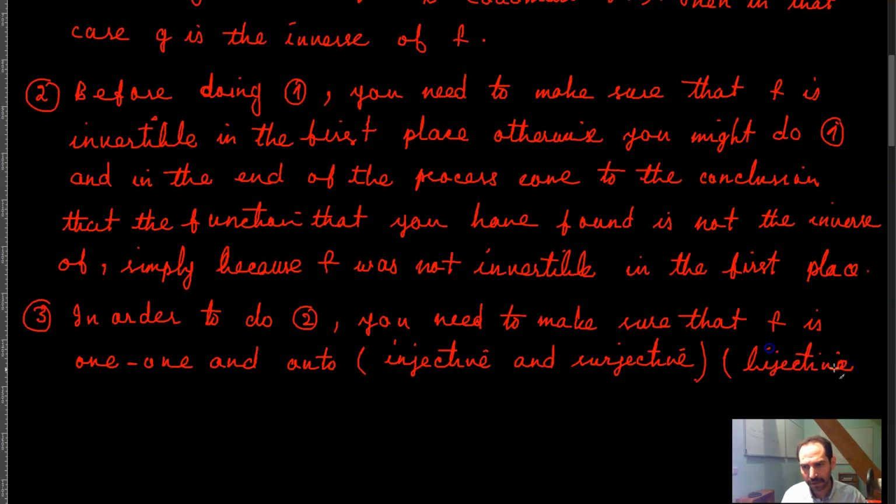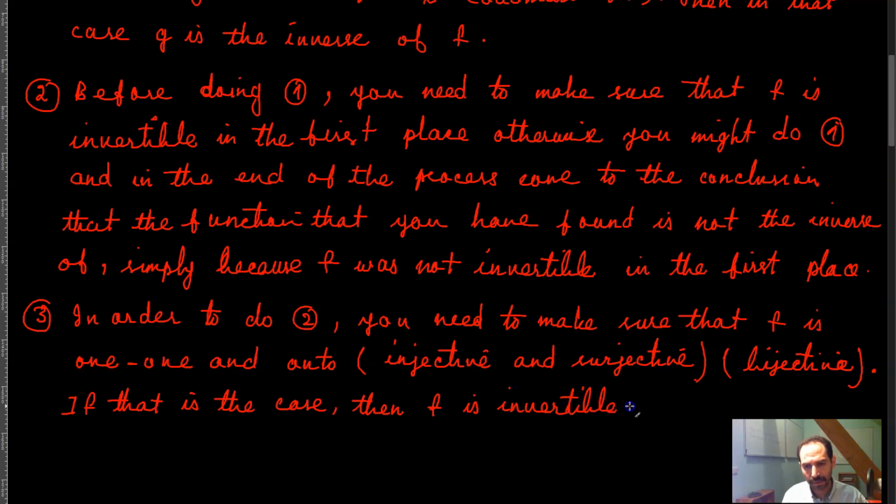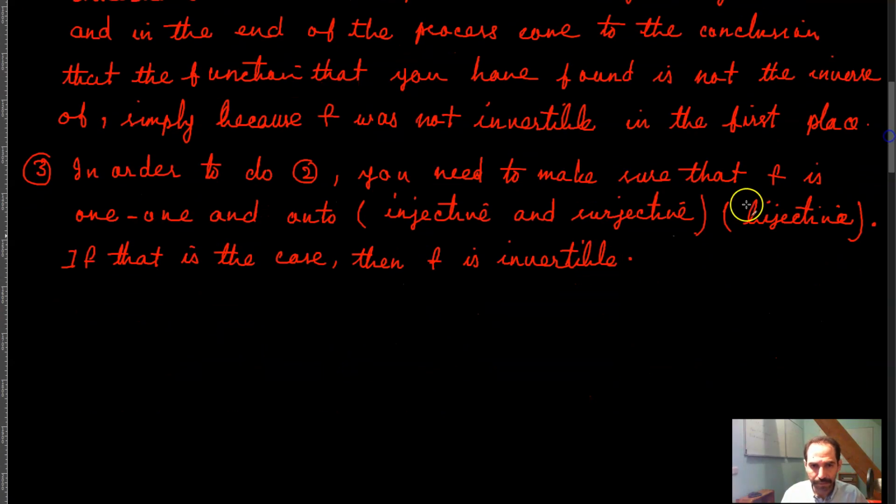If that is the case, then f is invertible, right? So now let's start with this part, where we want to find out whether f is one-one and onto, or injective and surjective.